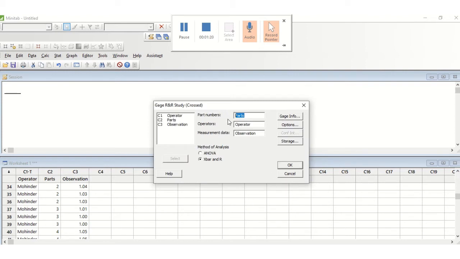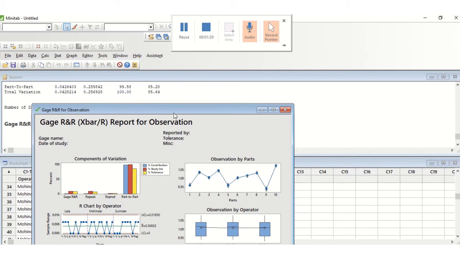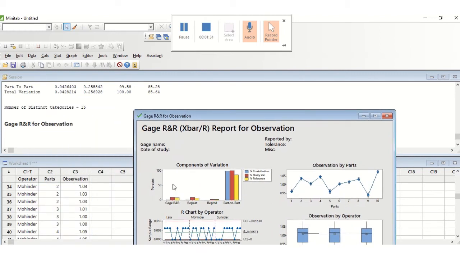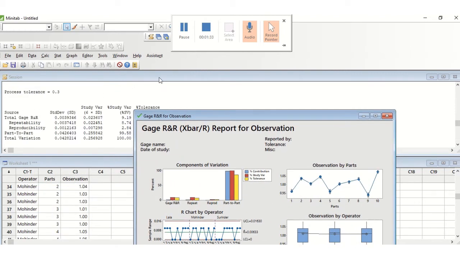Then you have to choose the parts, operator and observation. Now you say OK. Now you will get two windows: one is the graph window, the other one is a session window. We will look into the details of that.